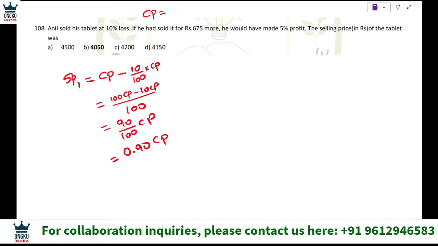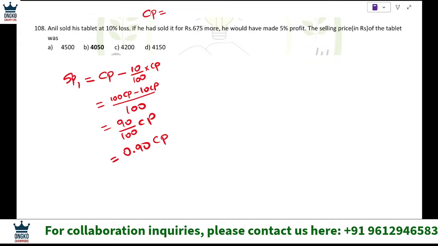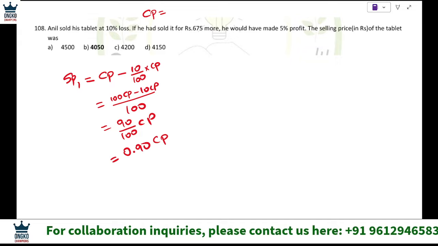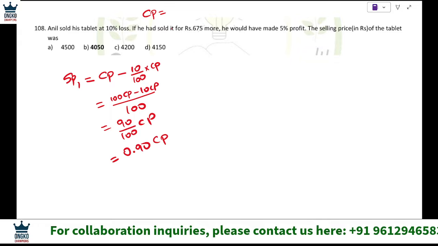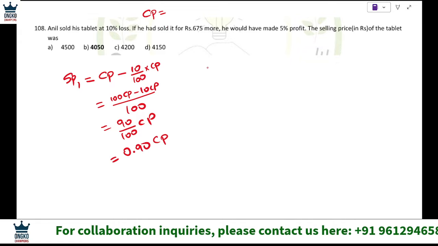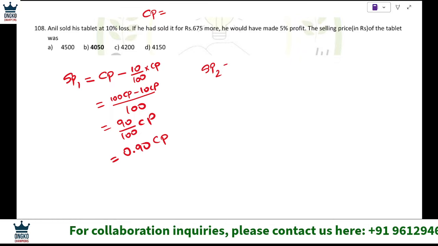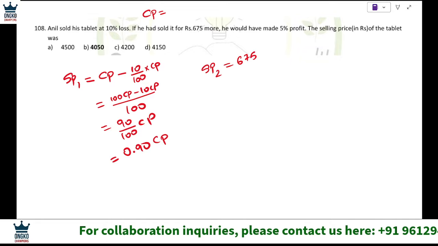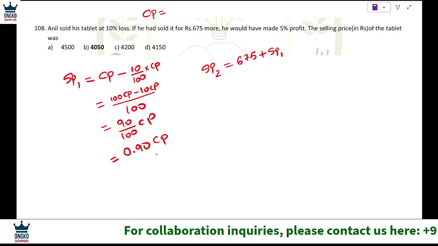So now in the question, the key is, if he had sold it for 675 more he would have made 5% profit. So the selling price is different, that means the second selling price is 675 more than selling price of 1, which is 90% of the cost price.